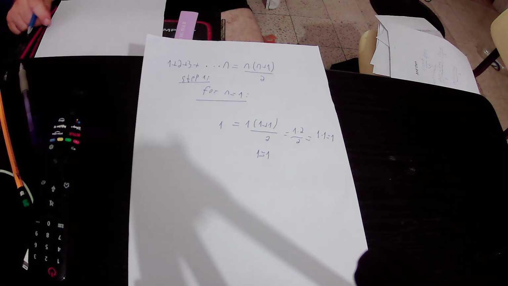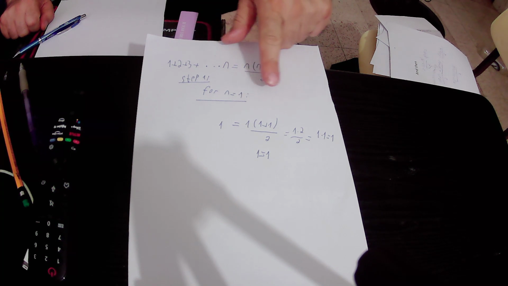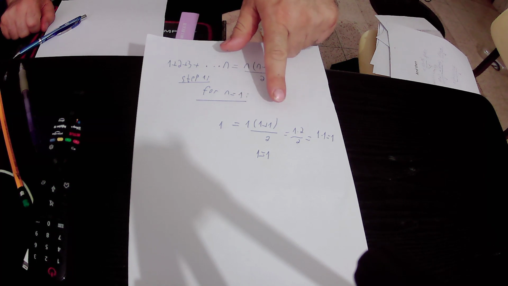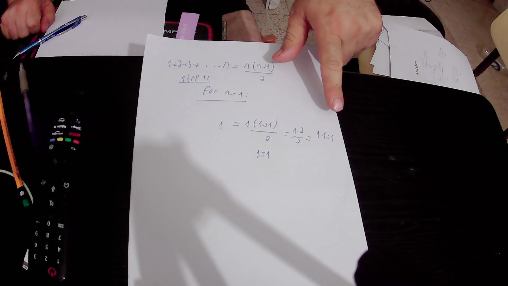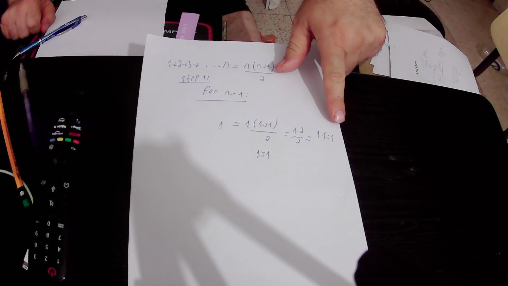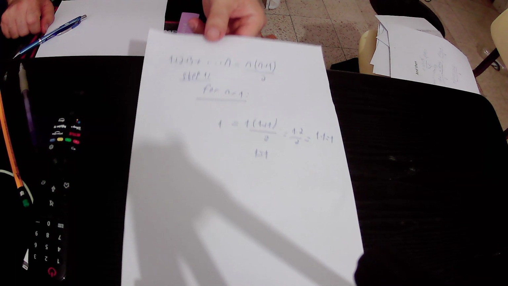For n equals to 1, we prove that 1 is equal to n times n plus 1, which is 1 times 1 plus 1 all divided by 2, is 1 times 2 divided by 2, is 1 times 1, that equals to 1. So 1 equals to 1. So we verified that the claim is true for n equals to 1.